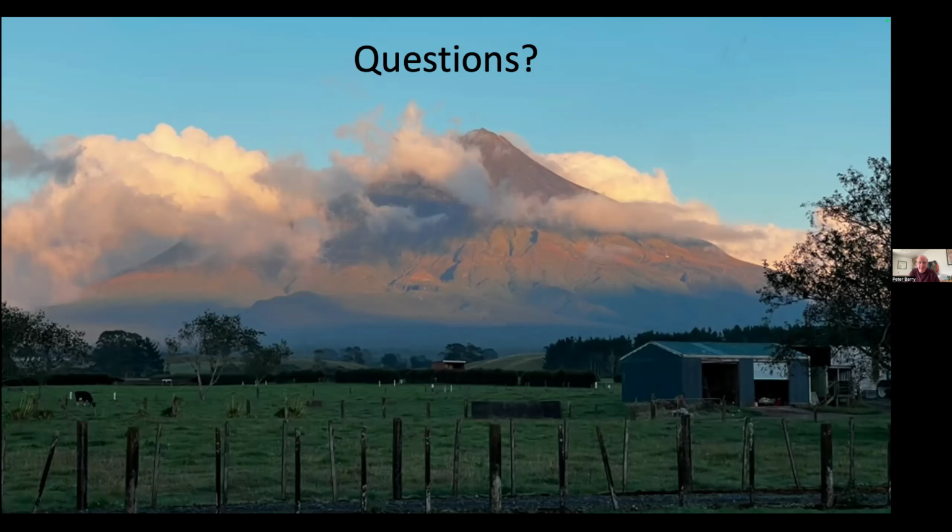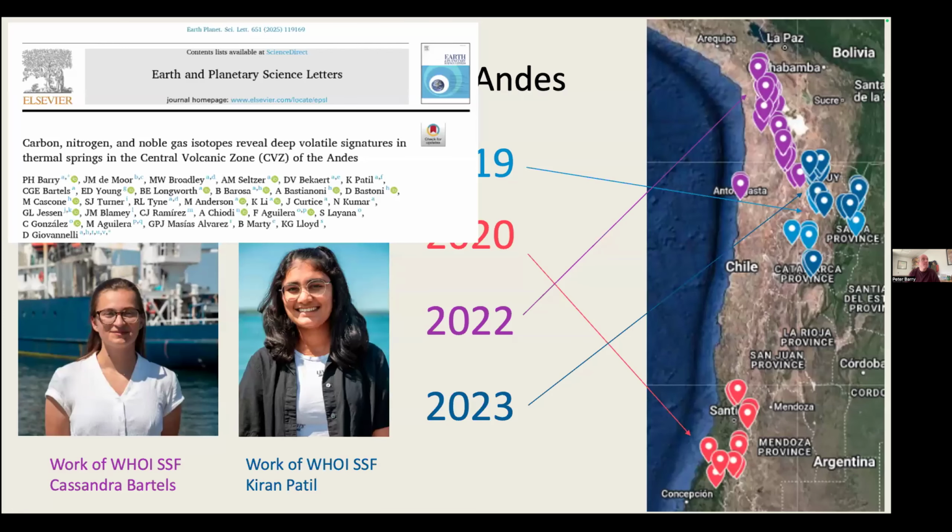Is there any minimal number of samples that you collect during these campaigns? Well, if I come back to the map that showed everything that we had collected, for the study in South America, these are all the sample locations.